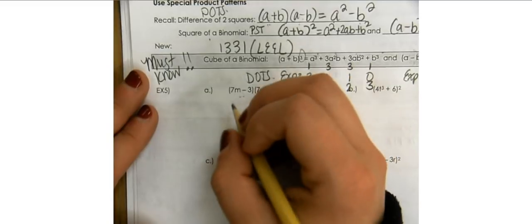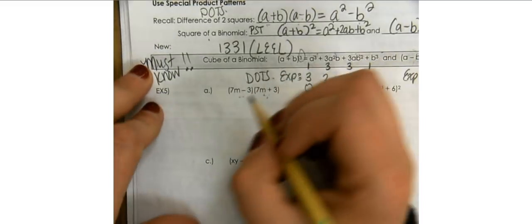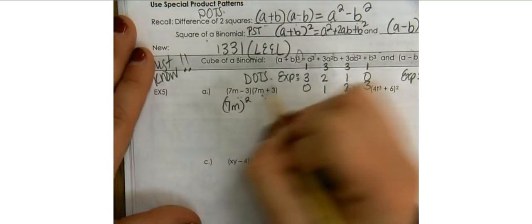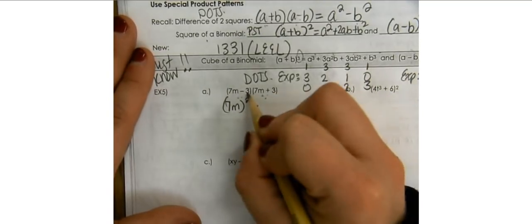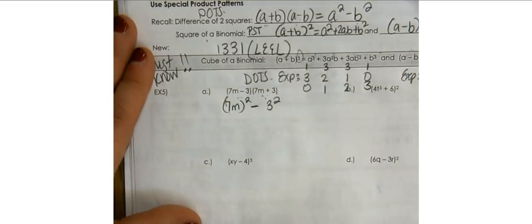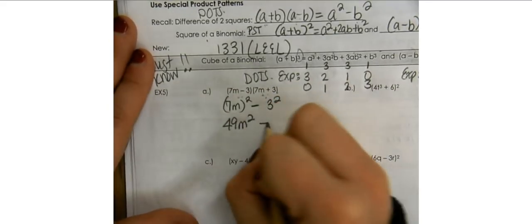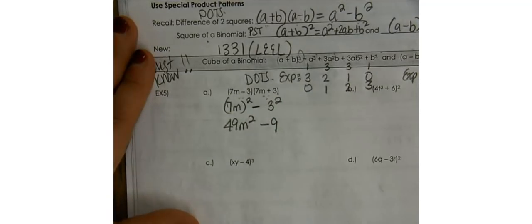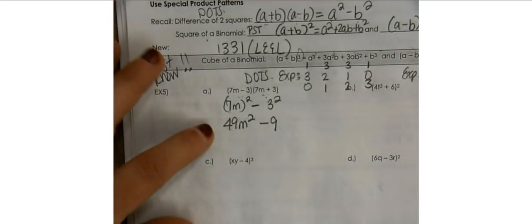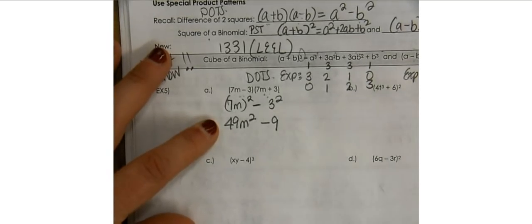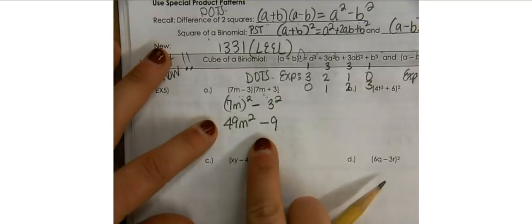So we take our first term, 7m, and square it, minus my last term, 3, squared. So my answer is 49m squared minus 9. You're more than welcome to FOIL it out, but you'll end up with the same exact answer. You take your first term, square it, take your last term, square it, and put a minus sign in the middle.